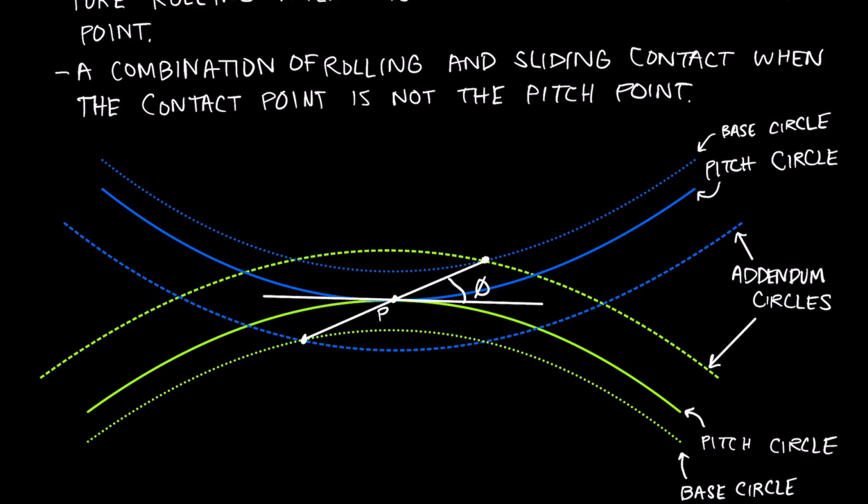But the thing that we want to take away from it for this video is that we want the length of this line from A to B to be able to calculate the contact ratio. That length of line AB is the length along which a pair of teeth will be in contact.